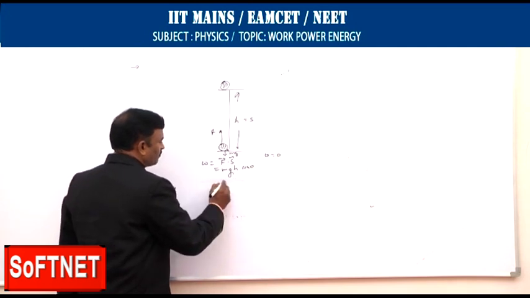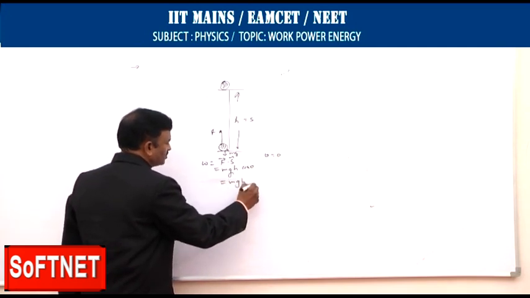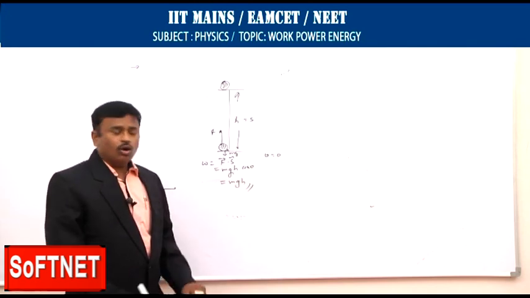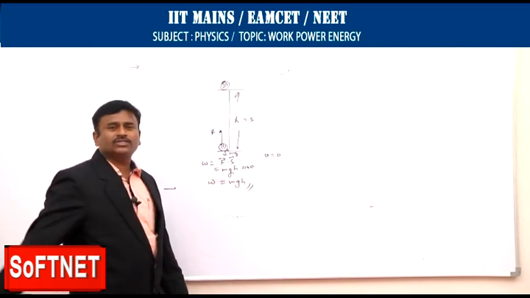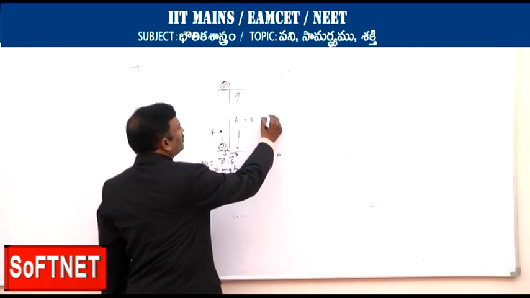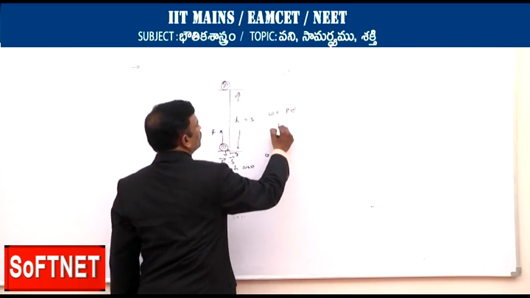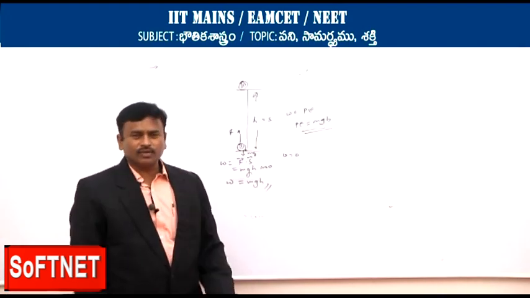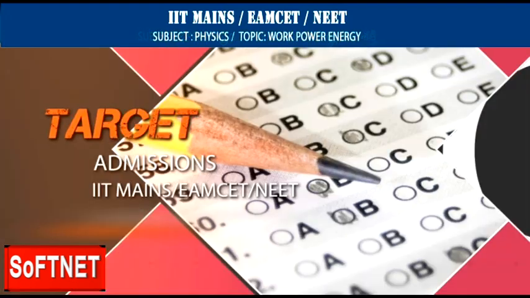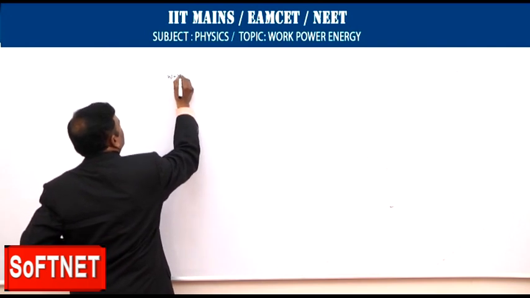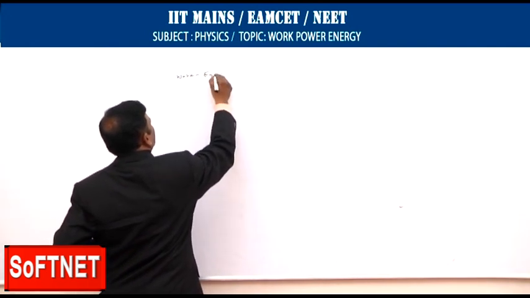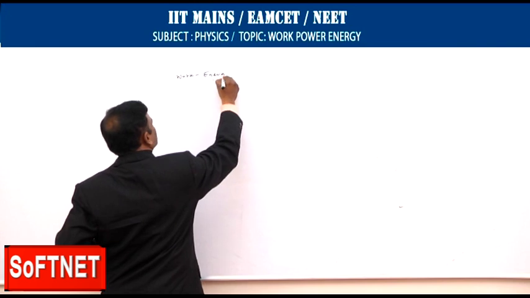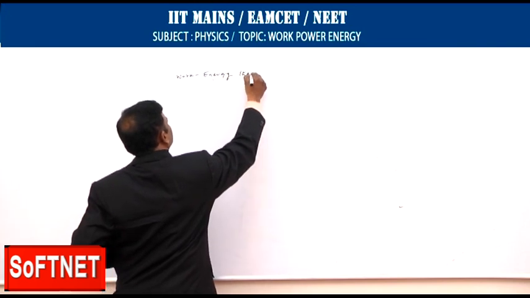This is called the work done, mgh. So how much work is done? The work done will be equal to potential energy. Therefore potential energy is equal to mgh. Next, work energy theorem.